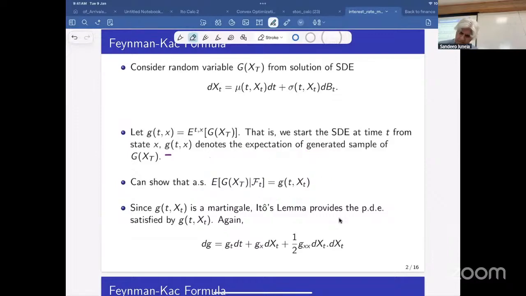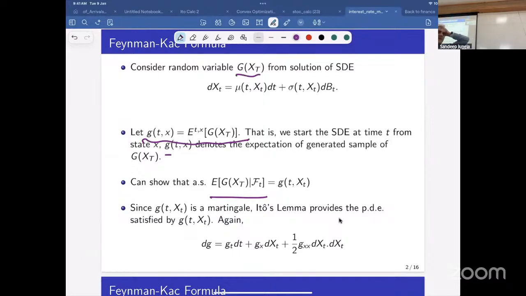This conditional expectation will depend upon small t also, right? X_T is the solution to this SDE. And as you do that, you get some random variable g(X_T). Yes, big G of X_T. This conditional expectation will depend also on the time t.